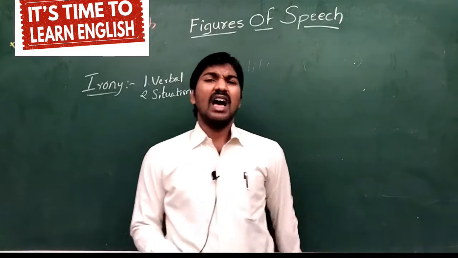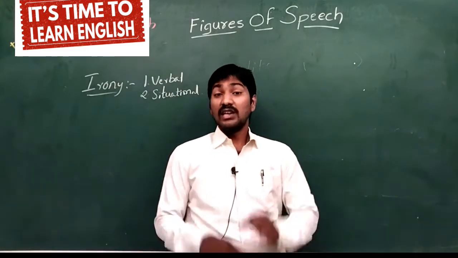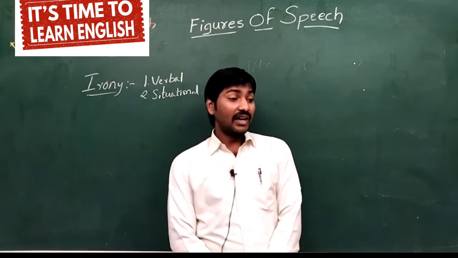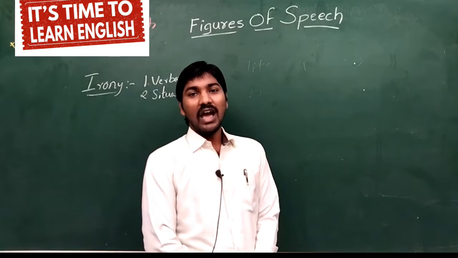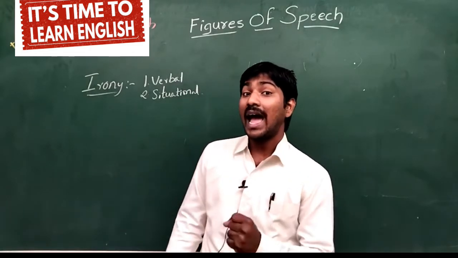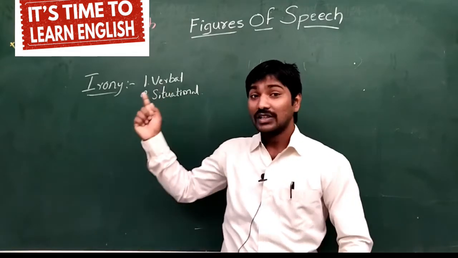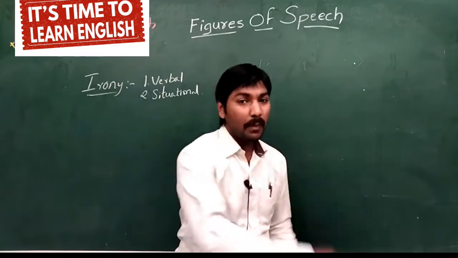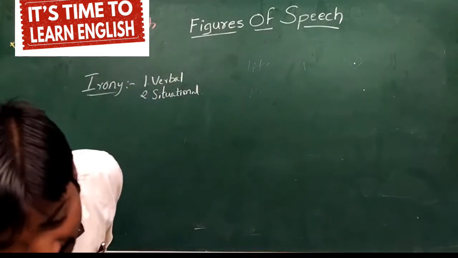So let me give an example. For example, you have a friend. He is a very lazy person. He is very, very lazy. If somebody comes and asks, you will say that he is very active in the classroom. Actually, he is a very lazy person in the classroom. But you will say he is a very, very active person in the class. That means what you said verbally is quite opposite to the reality.